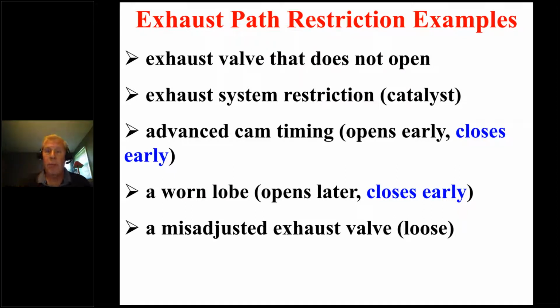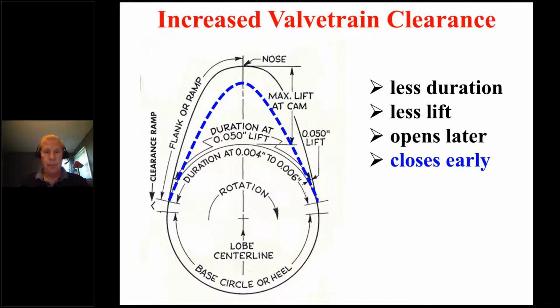The same thing happens with a worn lobe. And let me make sure we're clear on this. So I just have a cam lobe illustration, base circle with the lobe. That's my center. So our rotation as we look at that is clockwise. So in black, this is when the valve would start to open.